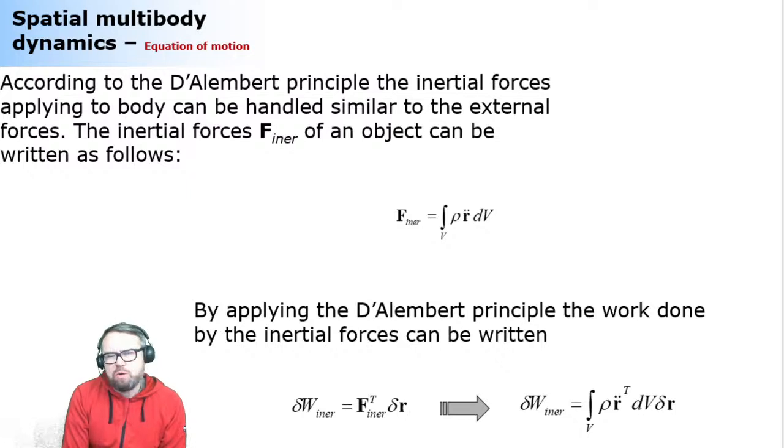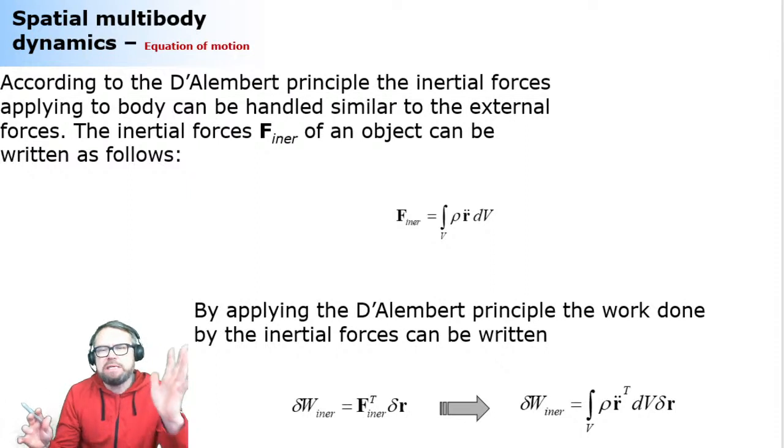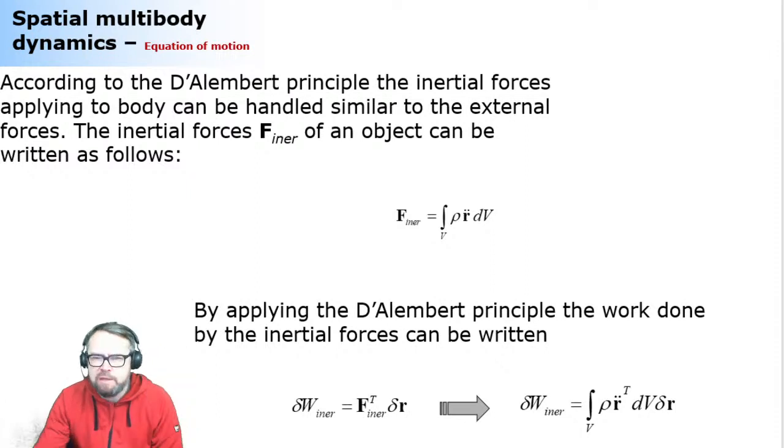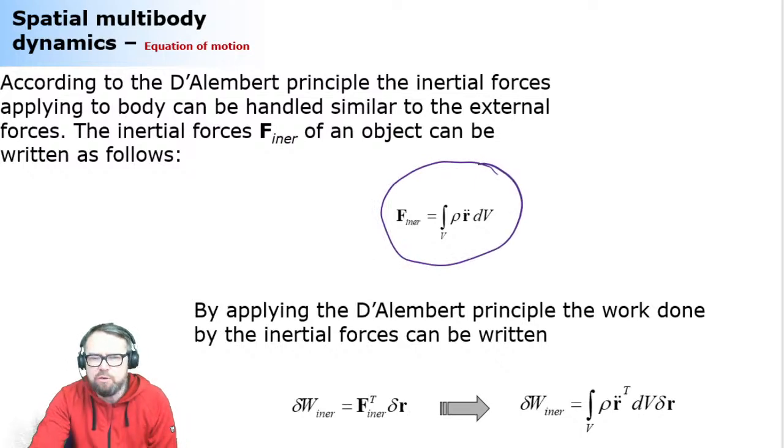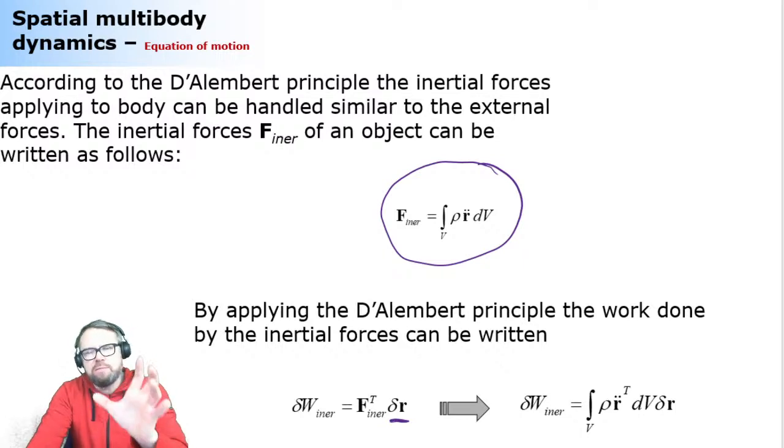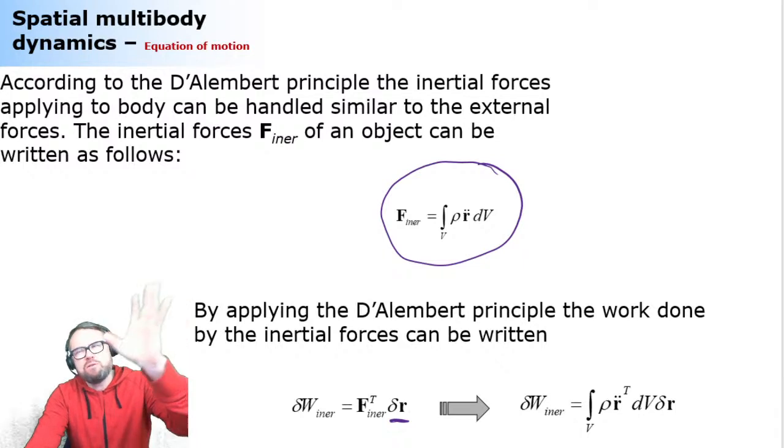So we take the density of the particles into account, and we integrate the density over the volume of the body. That's how we can express the inertia forces. And now when we look at the virtual work done by inertia forces, this force is multiplied by delta R. Delta R allows us to map the description from global coordinates to generalized coordinates.